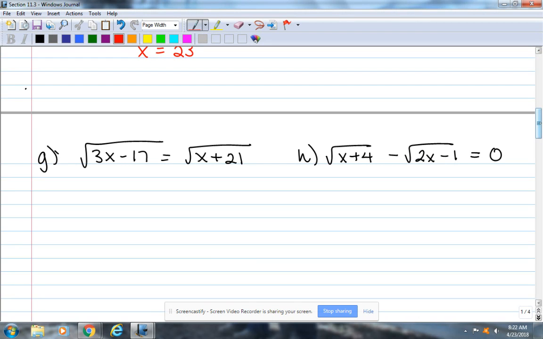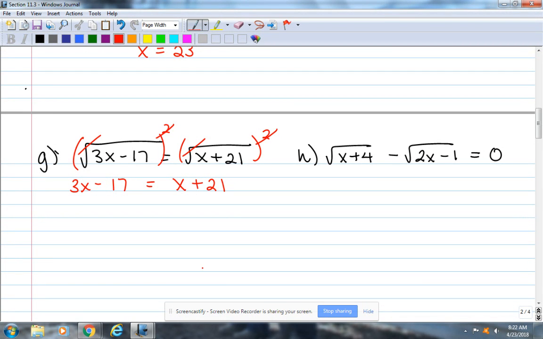Go ahead and square both sides. And the square cancels out our radicals. So write down the insides. 3x minus 17 equals x plus 21. And then we solve that.